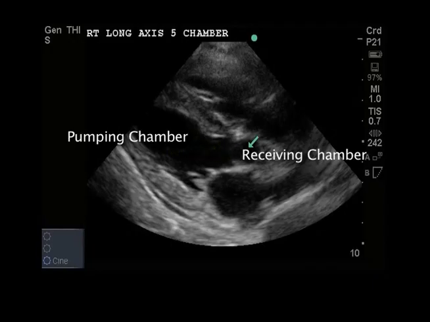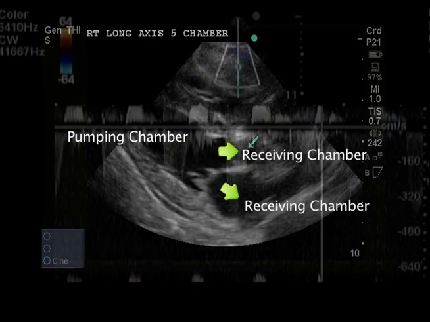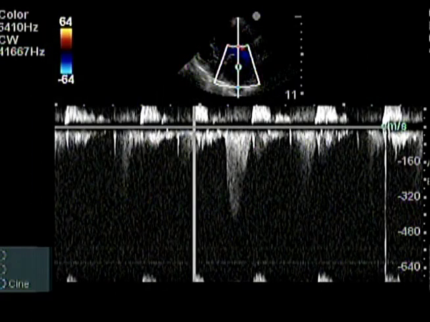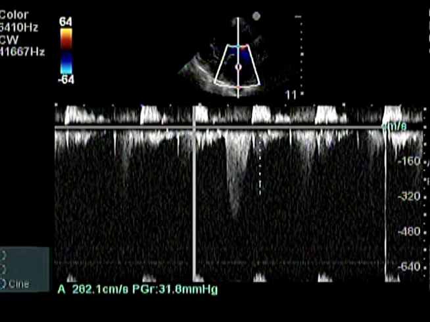The aorta is still the receiving chamber, but now the left atrium has become a second, abnormal receiving chamber. The pressure gradient of the mitral regurgitation can now be used to verify that left ventricular pressure is normal or elevated if systemic hypertension is present.